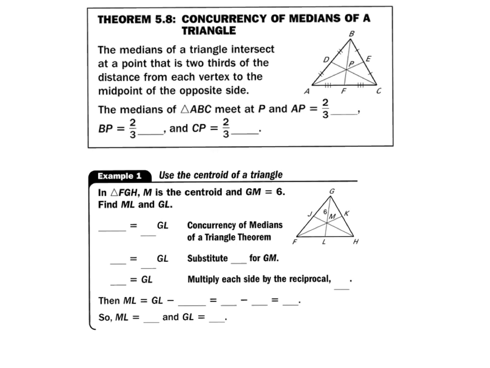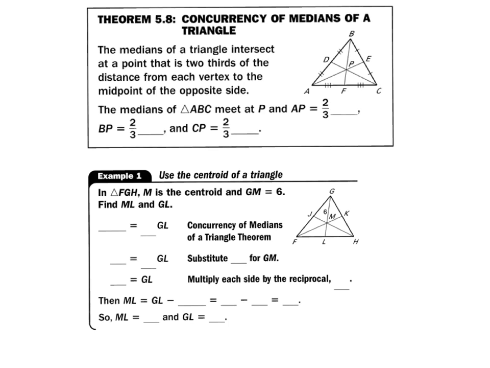Concurrency of medians of a triangle. What this theorem tells us is that when I have D, E, F as the midpoints of the three sides in the triangle ABC, I can end up finding three medians, AE, BF, and CD.